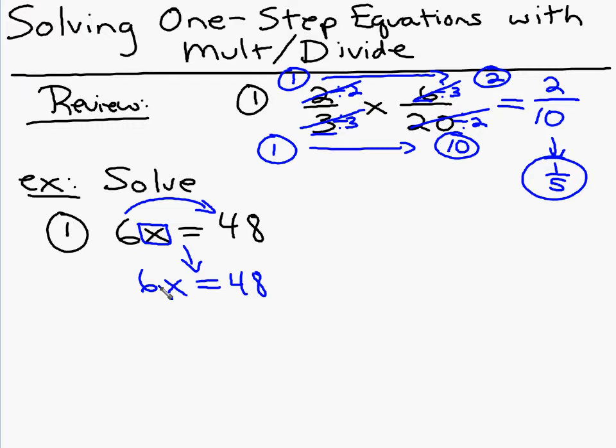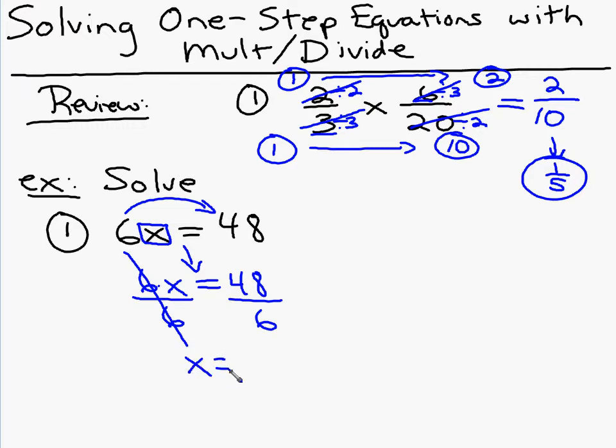Dividing by 6. Now watch how we do this. Draw a fraction bar underneath both of them and put a 6 underneath both of them. And that's going to represent our division. On the left side, 6 divided by 6 is 1. And so I just have an x, which is what I want.